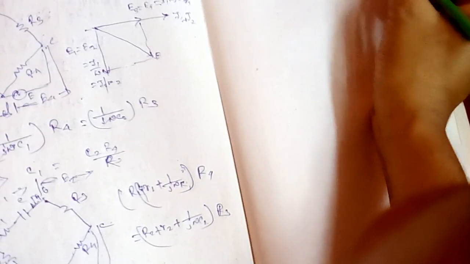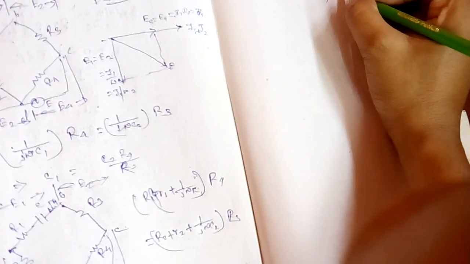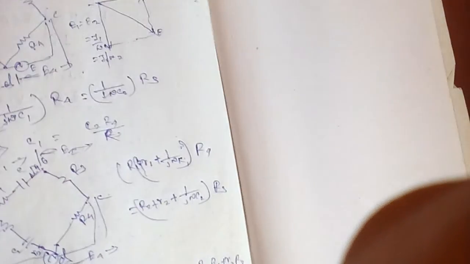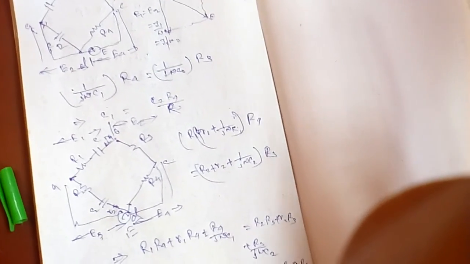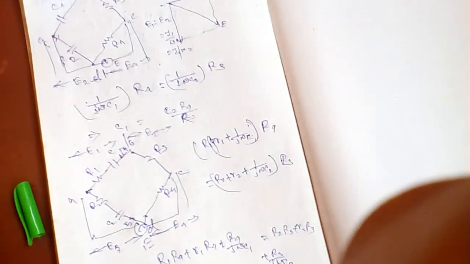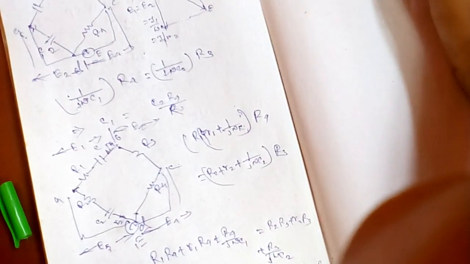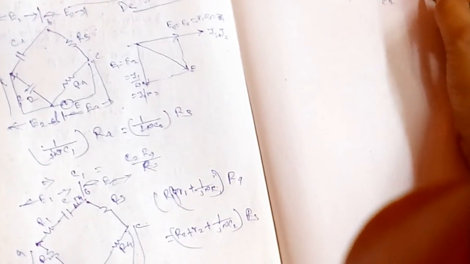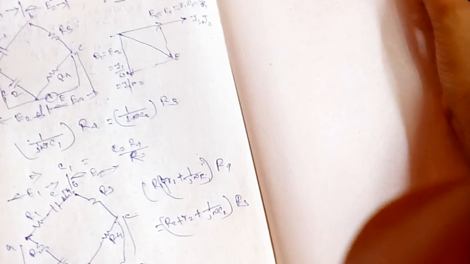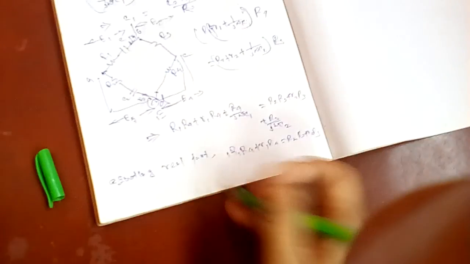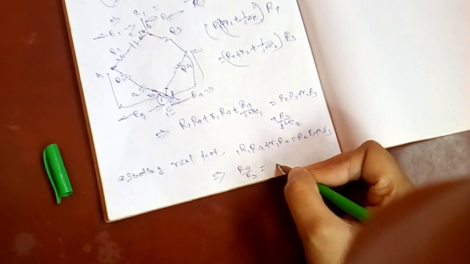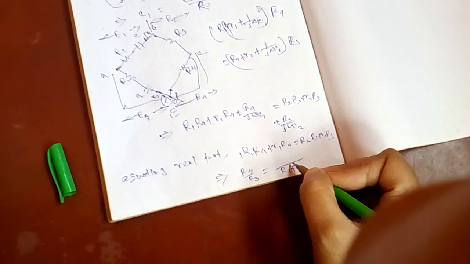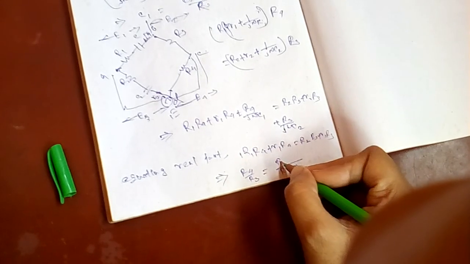So j omega cancels, and from that we get R4 by R3 equal to C1 by C2. From there we get R4 by R3, where R4 means R1 plus R1, and R3 means R2 plus R2.